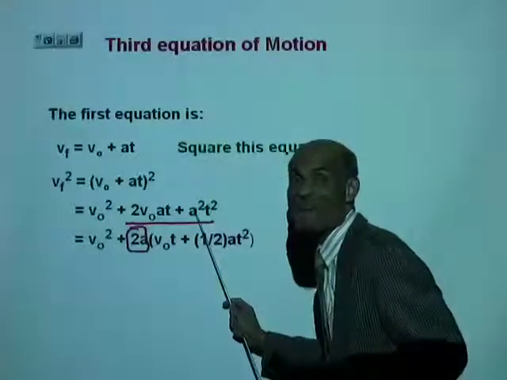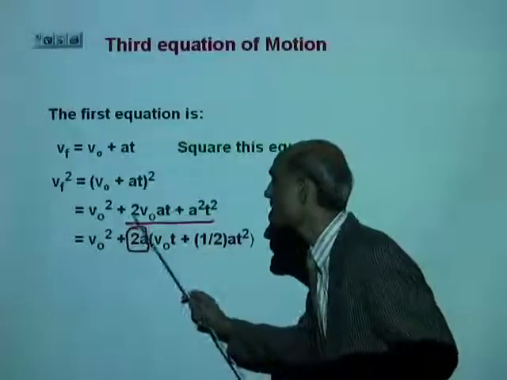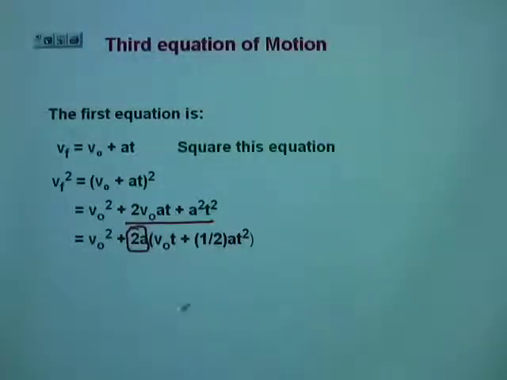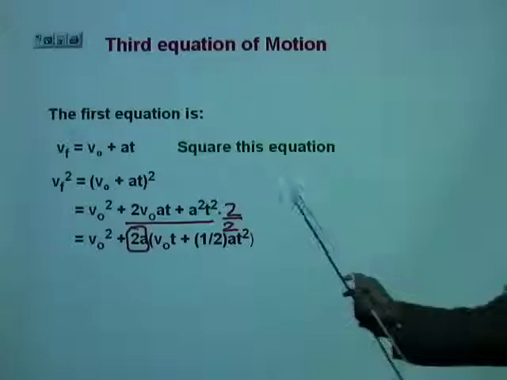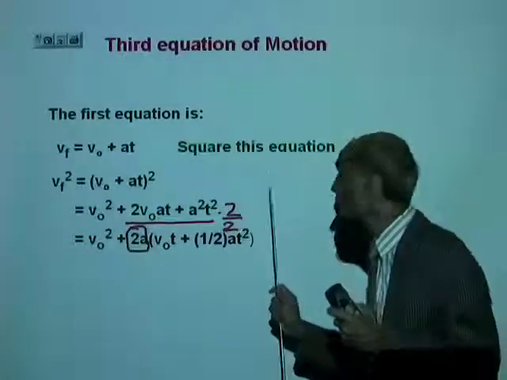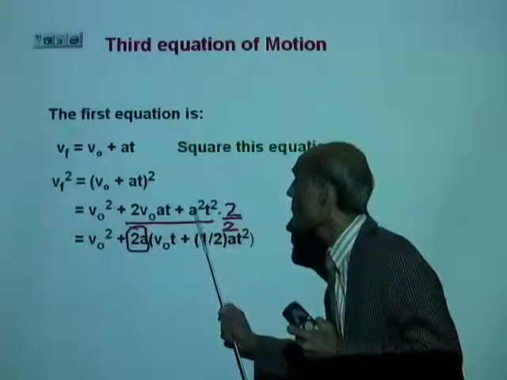There is an A there, but there is no 2 there. So how do I factor out a 2A from these two terms? Now look what I'm going to do. I'm going to multiply that term by 2 and divide by 2. Does it make any difference? 2 divided by 2 is 1. Now what that did is, I can now factor out a 2A from there.